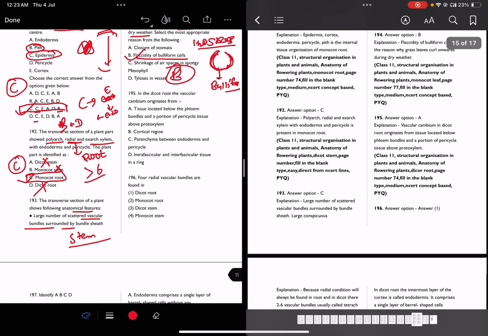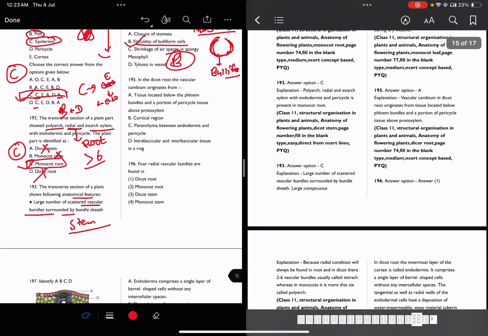Now question 195. In the dicot root, where does the vascular cambium originate? In dicot, the vascular cambium is present. So there is a direct line from NCERT: the tissue located below the phloem bundle and a portion of the pericycle tissue above the protoxylem.